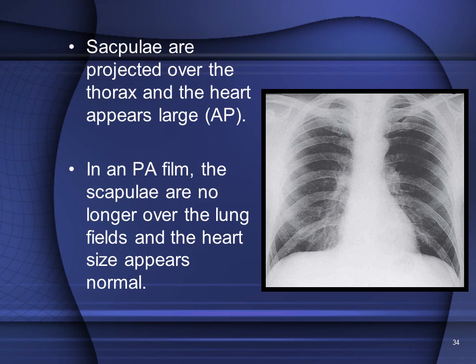And just by rotating the scapula out of the lung field and changing the projection, we can see a difference in the size, not only the diameter of the cardiac silhouette, but the length in terms of going along the longitudinal axis. So it's important to know the projection before you make an interpretation about the film, because that may affect your understanding of the cardiogenic status of the patient.